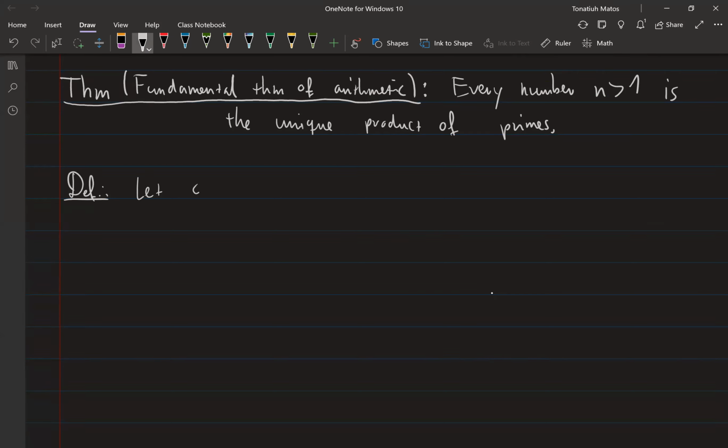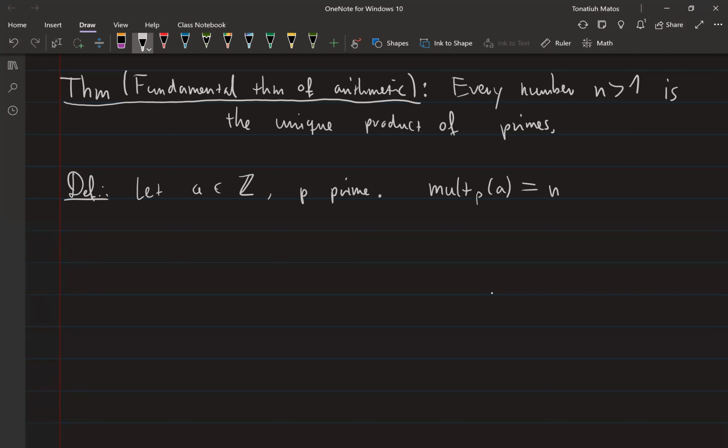So let a be a natural number or just an integer, p prime. Then we define the multiplicity of a with respect to that prime.